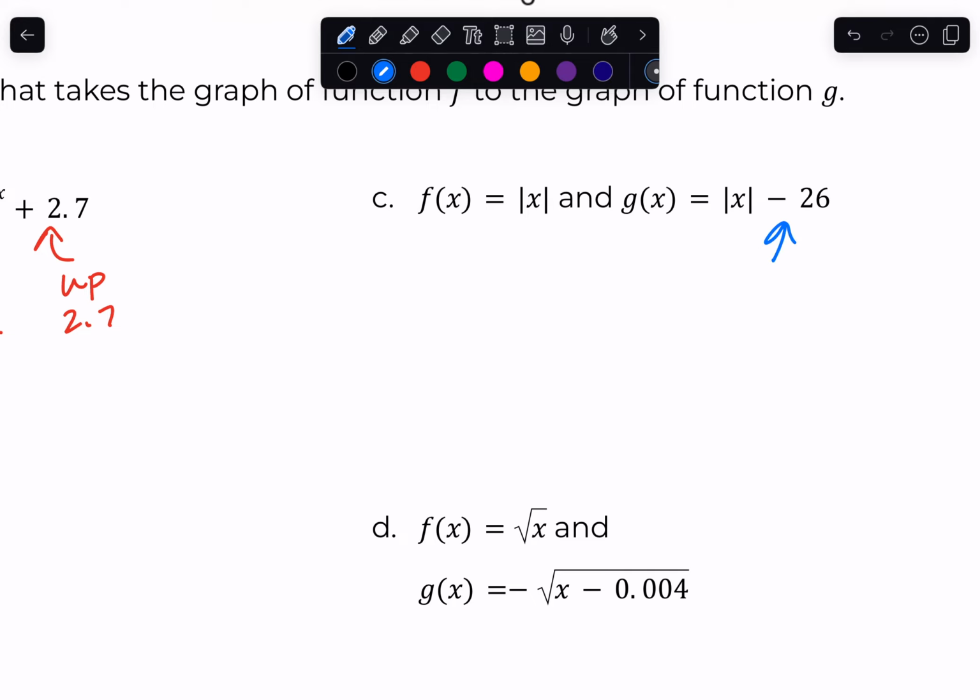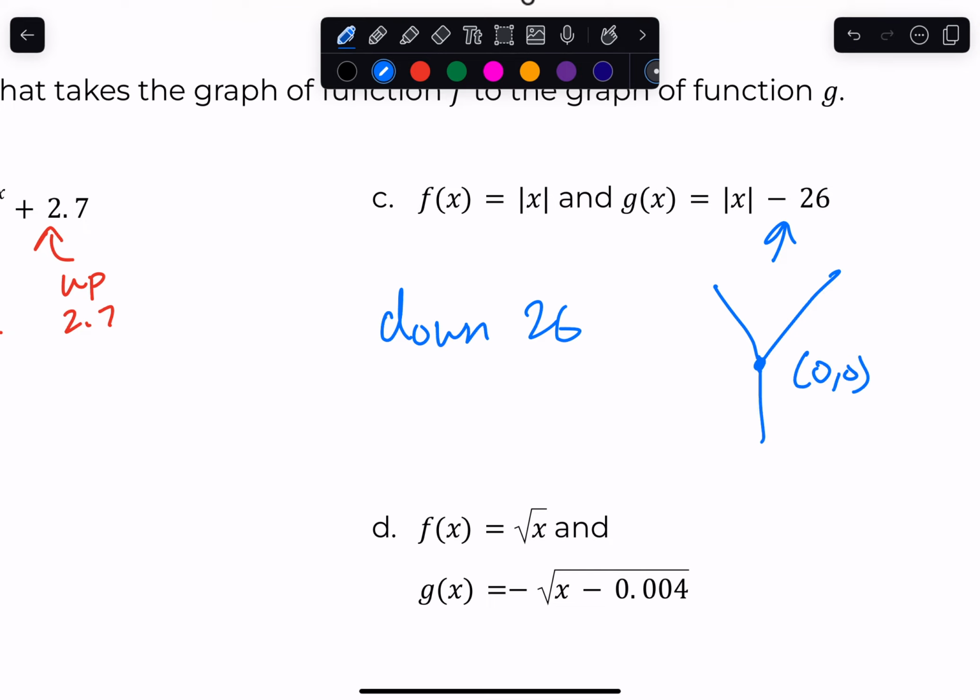It goes down, because it's negative, it goes down 26 units. So it just drops. The absolute value graph actually looks like a straight V, and the vertex is normally at 0, 0, and it just drops all the way down to 26. We could see that on a graph, but I think you get the picture. It's just going to slide down.